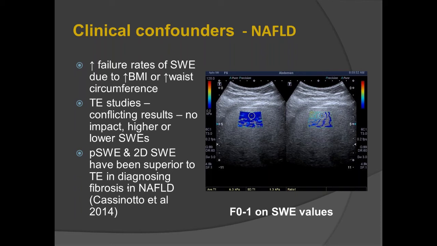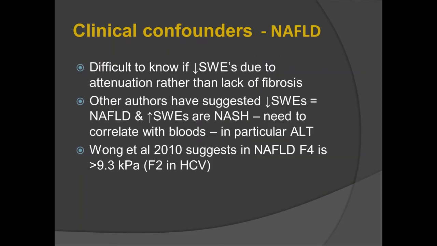The difficulty with the reduced shear waves in non-alcoholic fatty liver disease is there's a bit of controversy as to whether, if you have just plain old non-alcoholic fatty liver disease, so a squishy fatty liver, your numbers are low because it's almost like pushing the top of a pate.